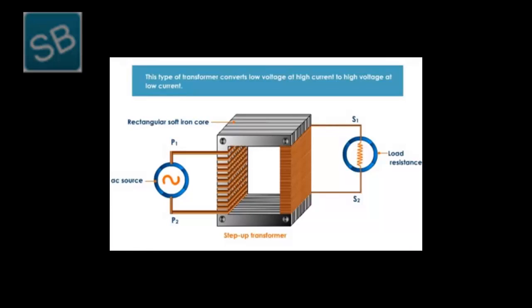Now we will see the other type of transformer, that is step-down transformer. The step-down transformer is the opposite of step-up. In it, the number of turns in the primary coil is larger than the number of turns in the secondary coil, and this type of transformer converts high voltage at low current to low voltage at high current.